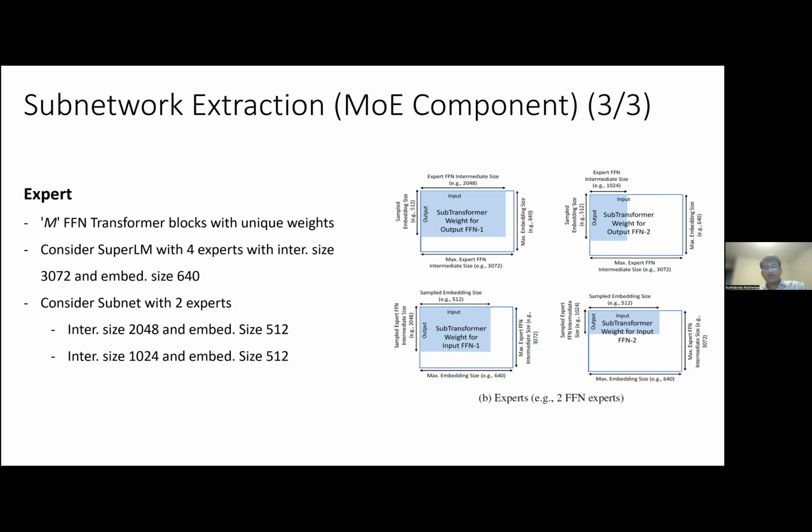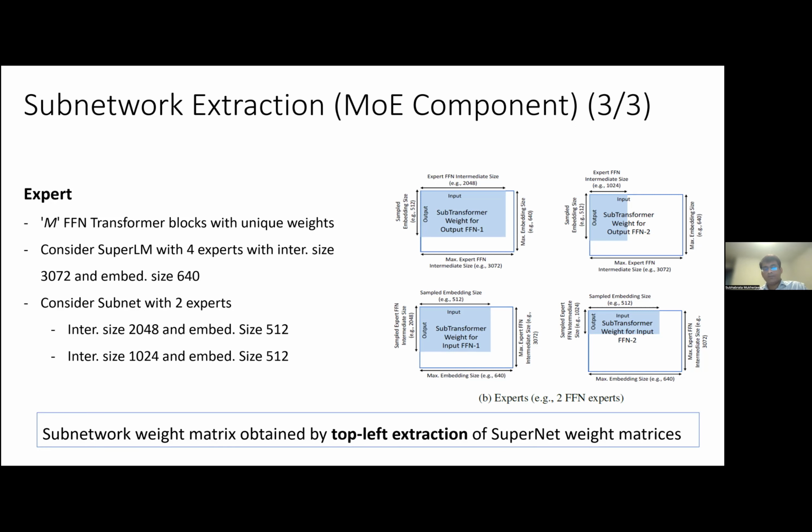Remember that we have variable size experts. So maybe you sampled an expert which has intermediate size 2048 and the embedding size 512, and correspondingly for the other one, and we could apply the same principle and obtain the subnetwork weight matrix by simple top left extraction of the corresponding weight matrices.